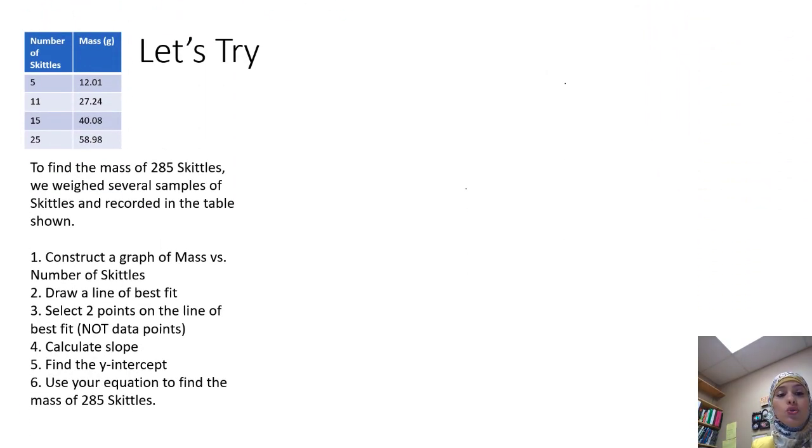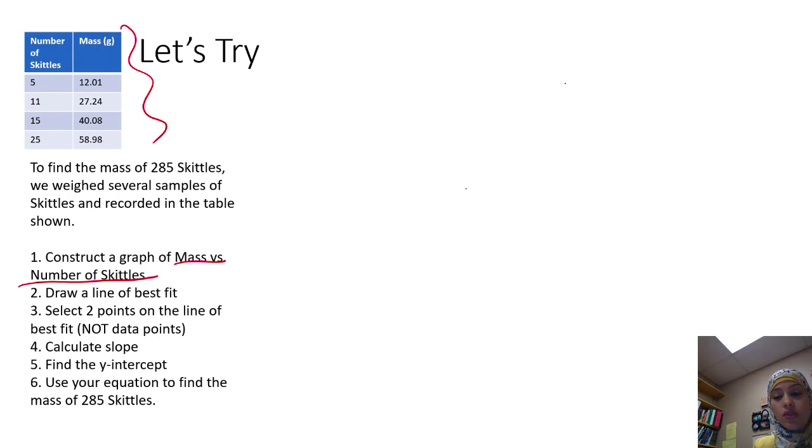Let us do another example, this time with actual data. Let's pretend that I want you to construct a graph of mass versus number of Skittles. Here's the data you collected in the lab, okay? You're going to draw the line of best fit. You're going to select 2 points on the line of best fit that you drew, and they cannot be data points.